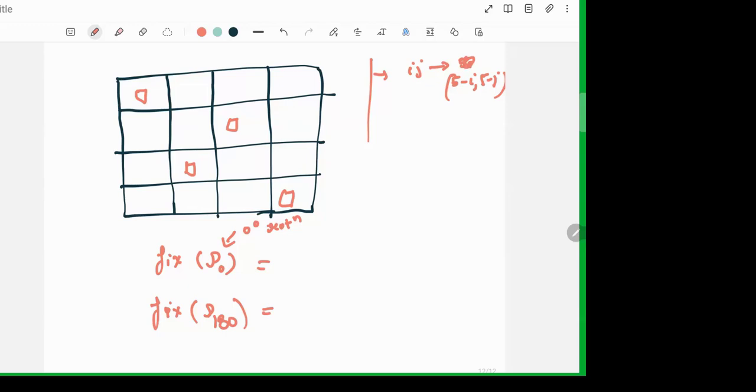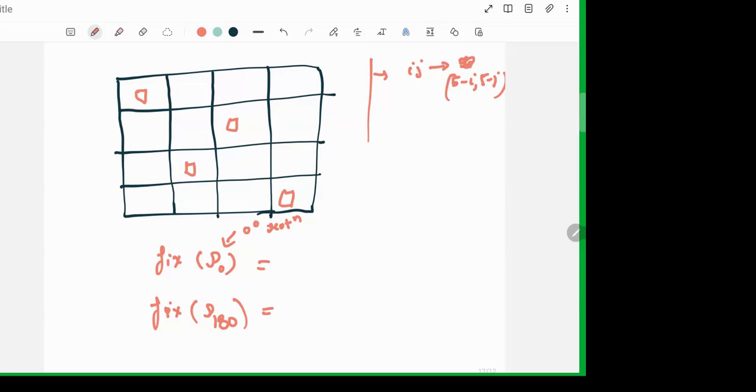No, not correct. Fix rho 180 counts the rook placements which are equivalent under the 180-degree rotation. Rho naught makes everything stay the same. So 180 overcounts the ones that do indeed stay the same after 180-degree rotation.